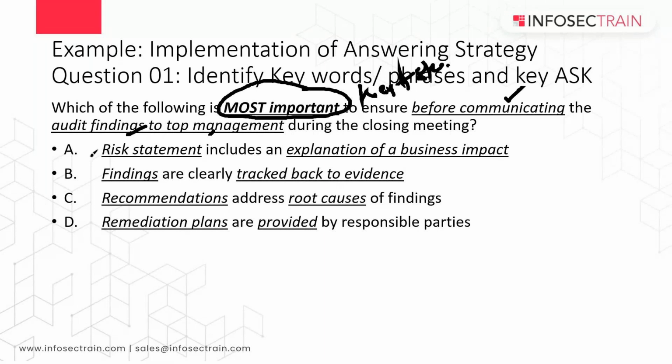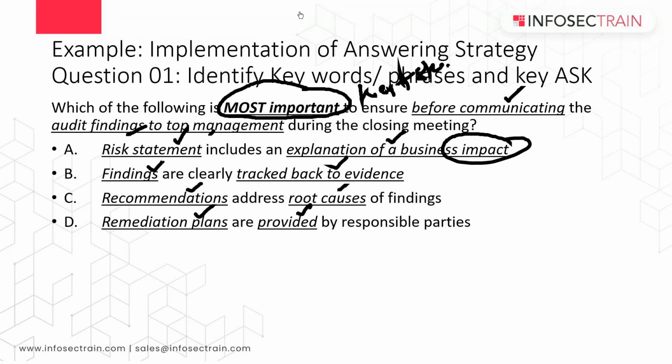Now, when you look at option one, the keyword in the option one is risk statement and explanation of a business impact of that risk. Keyword in the option B is findings tracked back to evidence. Keywords in the option C are recommendations addressing the root causes of findings. Then the keywords in the option D are remediation plans to be provided.